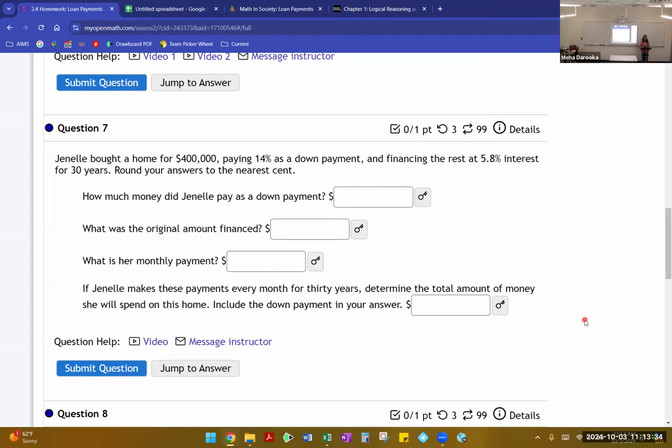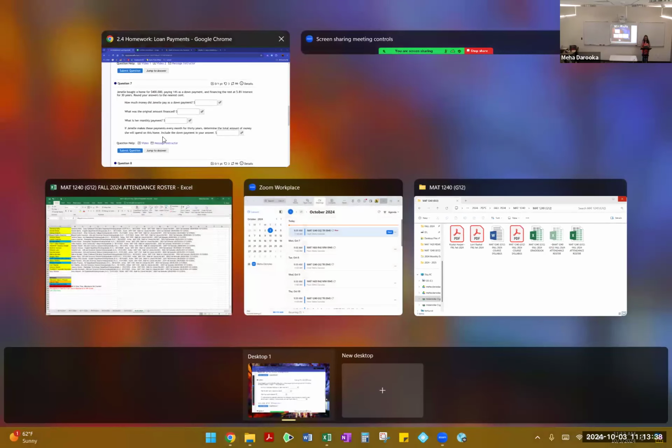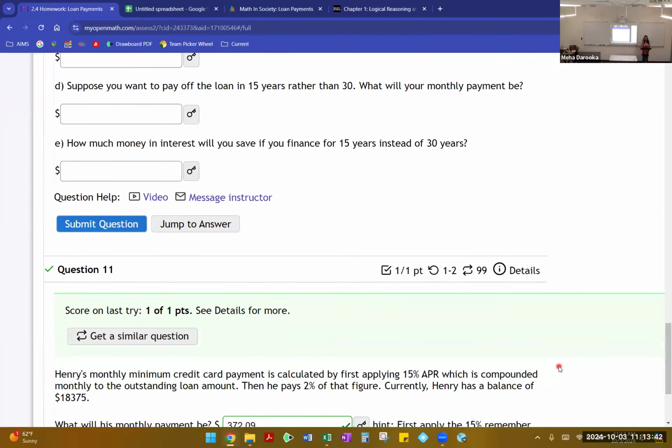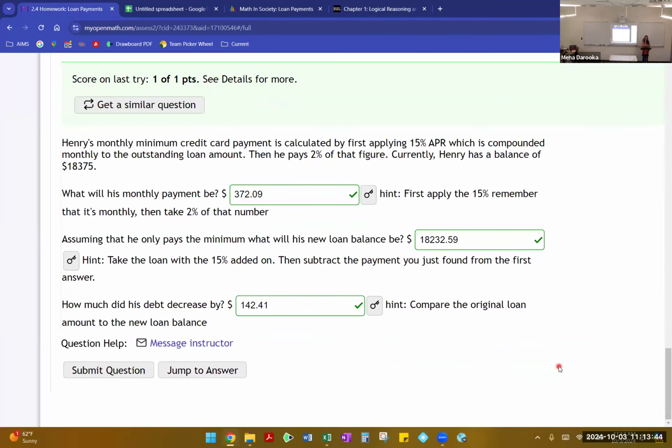Trying to figure out 11, just the first part. What's your compounding period? So monthly? Yeah, monthly. So in that calculation, make your number of periods just one.